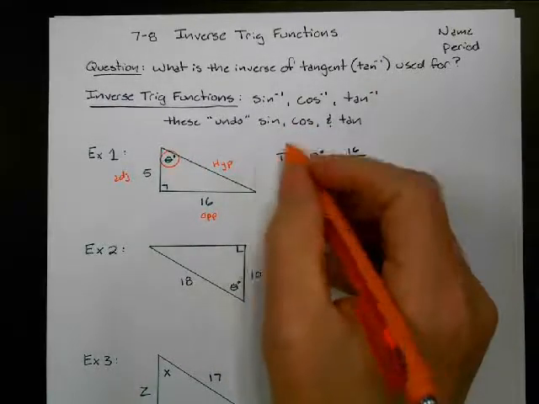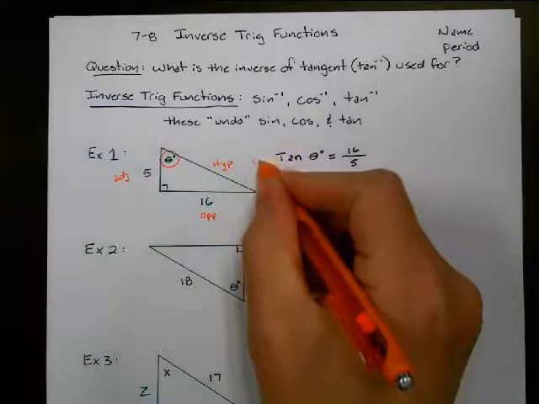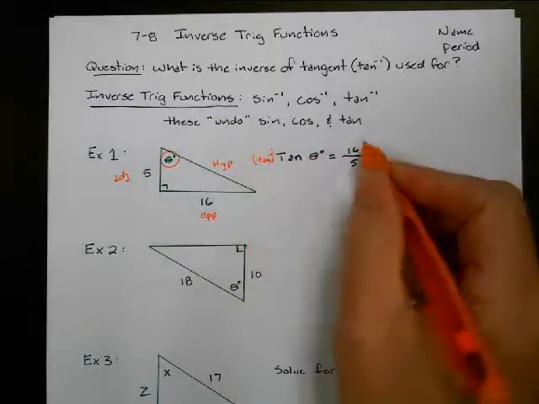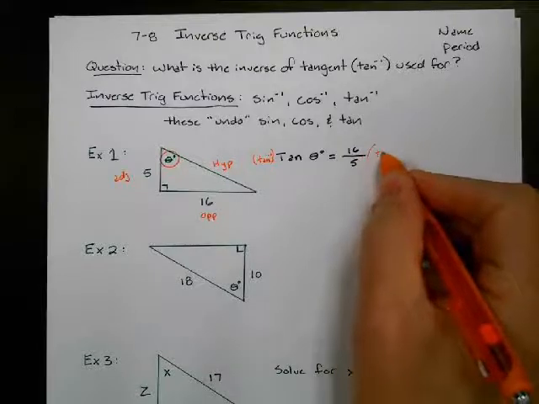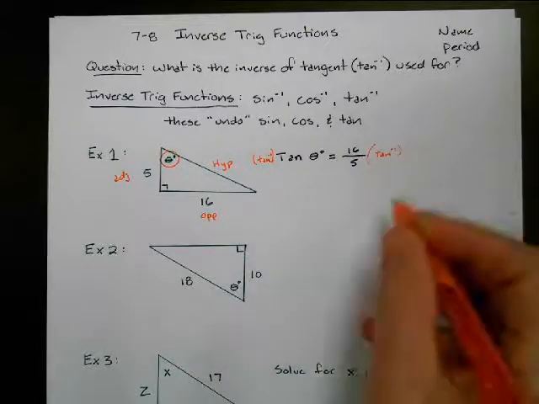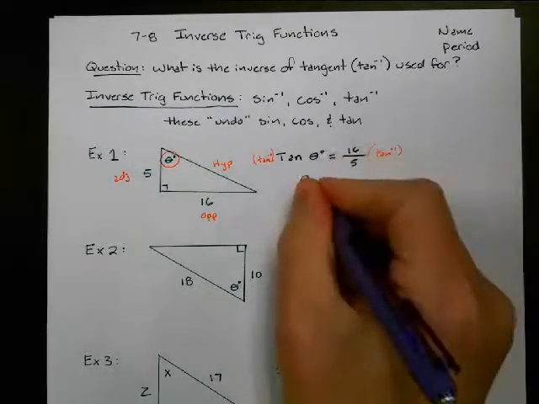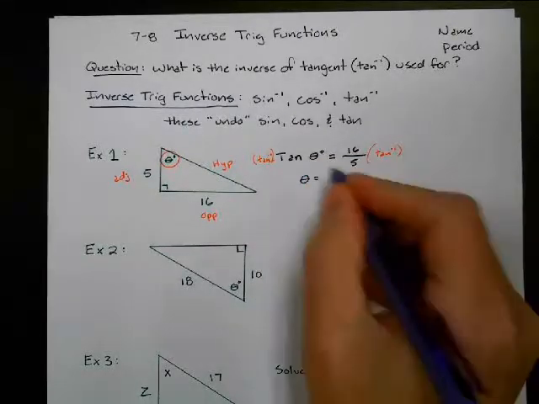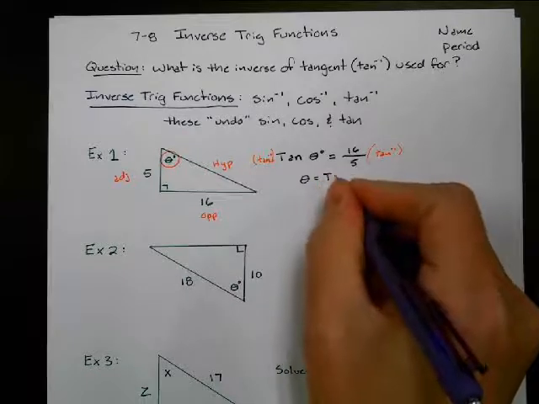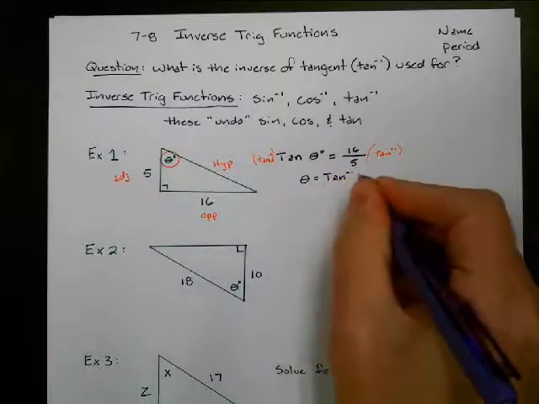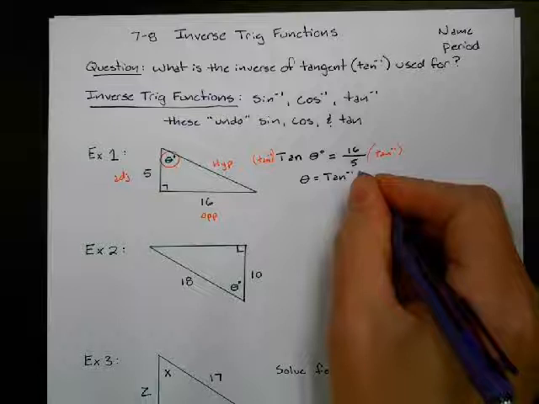So I can take the inverse tangent of both sides. So I now have theta is equal to the inverse tangent of 16 over 5.